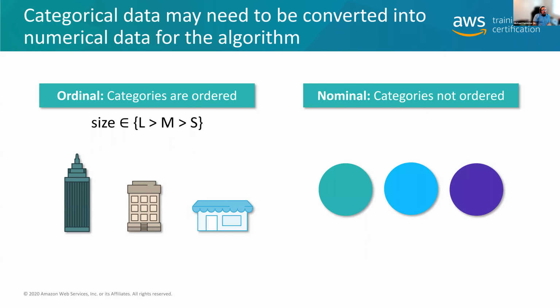Other things to think about is that, in addition to numerical transformations, there might be transformation techniques that you want to follow for categorical data. For example, if it's ordinal, where it's ordered, converting that into a number isn't necessarily inappropriate because there's meaning in the order of the categories.